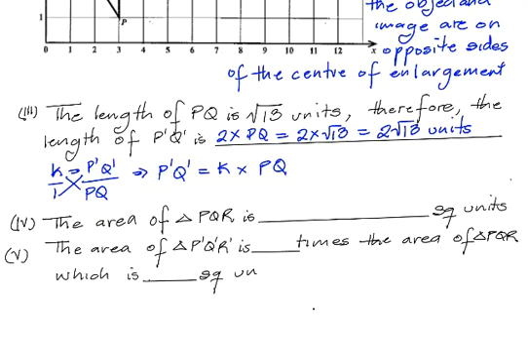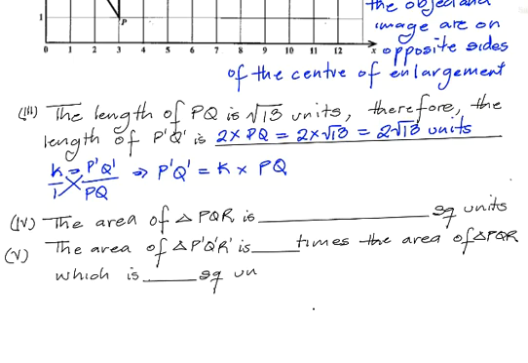K is 2, so it's equal to 2 times the length of PQ, which is root 13, and 2 times root 13 is 2 root 13 units. You do not have to work that out. You can just leave it as the root of 13. If you wanted to, you could put the root of 13 in a calculator, but there's no need to. You can just leave the answer as 2 root 13 units.